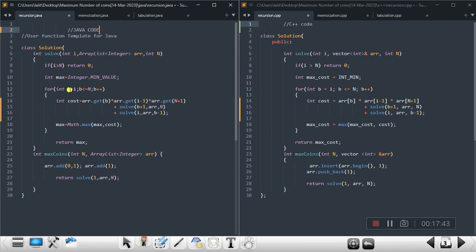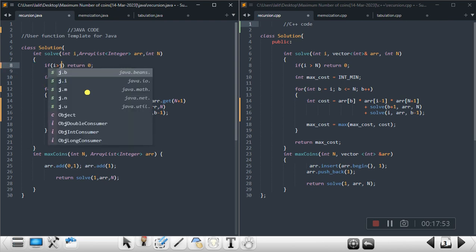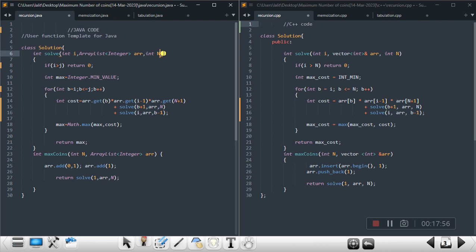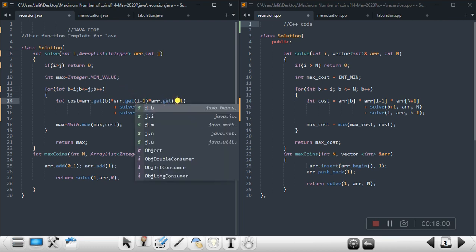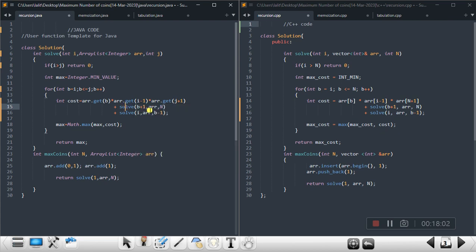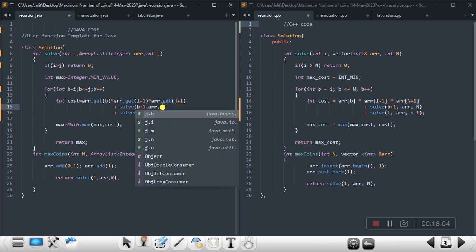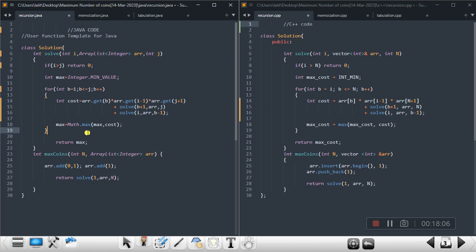I'm going to start my loop from I to j. Let me make it j so that you understand clearly, and you can assume j in the C++ code as well. So this is what I'm doing in this problem. At the last I'm maximizing the cost, and I'm returning my maximum cost here. And this is the C++ code. I'm doing the same thing here.